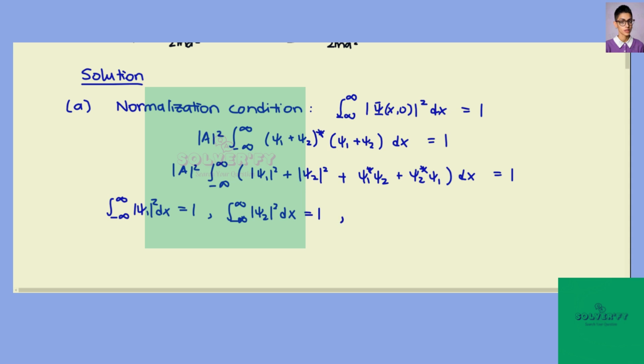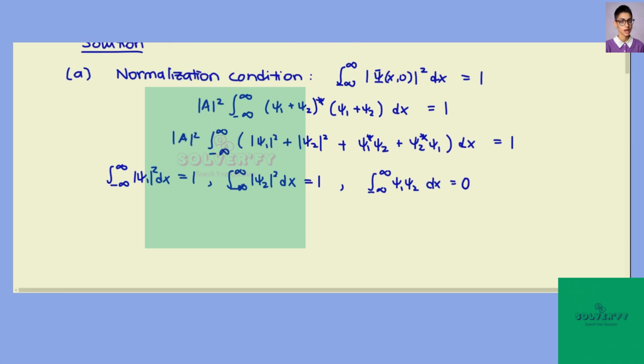Psi 1 and psi 2 are orthogonal to each other, so the integral of psi 1 psi 2 dx is equal to 0, and similarly for psi 2 psi 1. So from the above we get 2 times mod A squared is equal to 1, which means that mod A is equal to 1 over root 2. This is our normalization constant for part A.